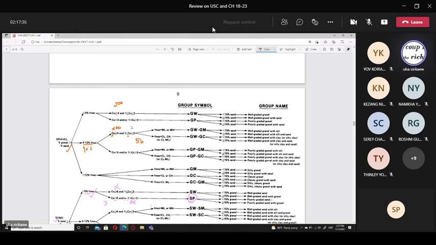It doesn't meet the requirement for being GW. So it would be only GP, right?